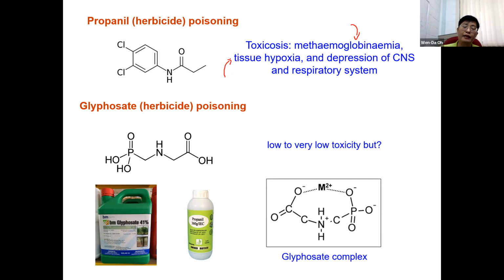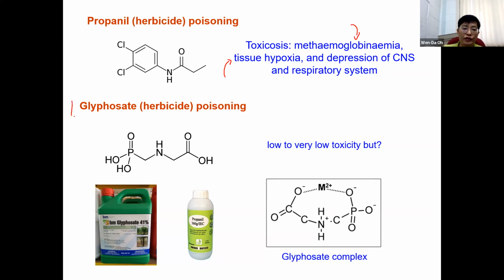Which means that your body has less oxygen, right? And this propanil can also cause depression in the CNS and respiratory system. Okay, so we need to classify this under herbicide or pesticide pollution. At least we can know how to manage this kind of symptom, right?